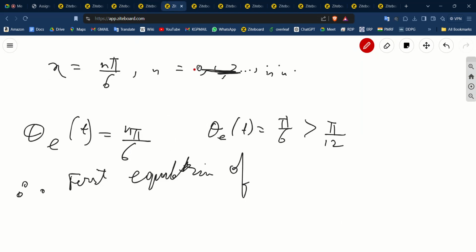It is n equal to all natural numbers which are not factors of 6. So it's actually n equal to 0, 1.